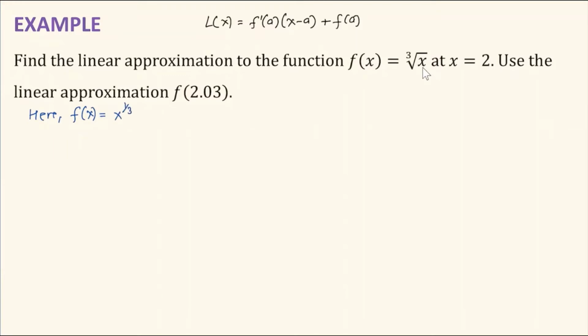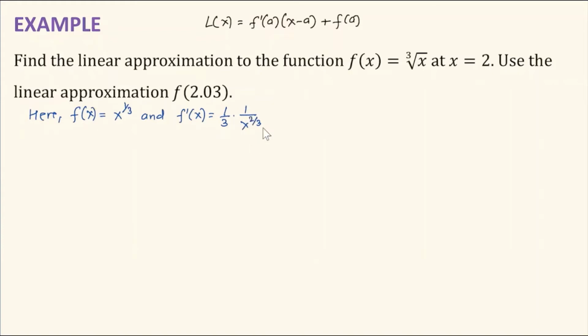And the derivative f prime x: we'll be using the power rule, so bring the power in front, it will be 1/3, and then reduce the power by 1. 1/3 minus 1 is negative 2/3, which we can write as 1 over x raised to 2/3. So our function is f of x equal to x raised to 1/3, and the derivative is 1/3 times 1 over x raised to 2/3.